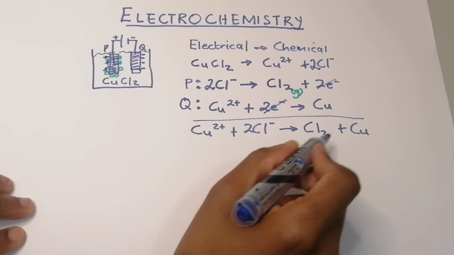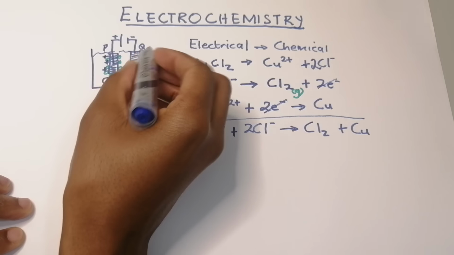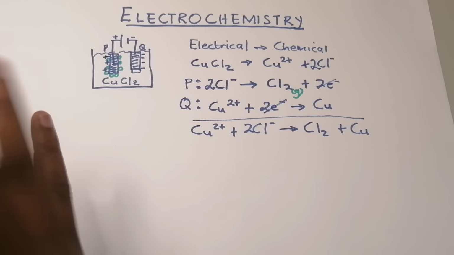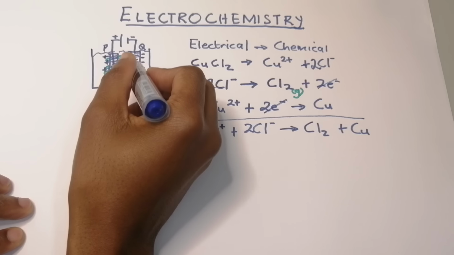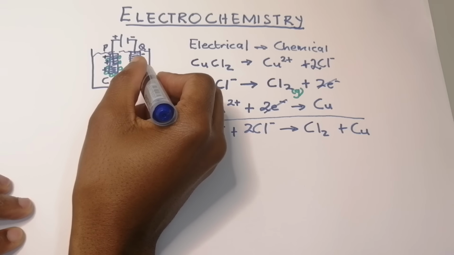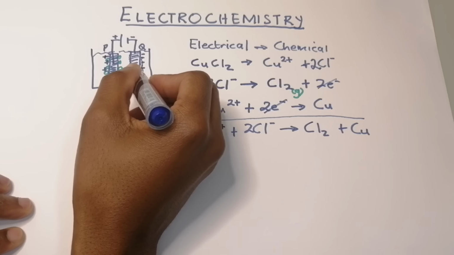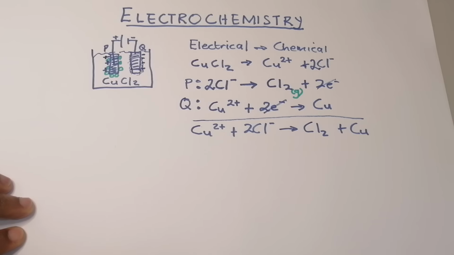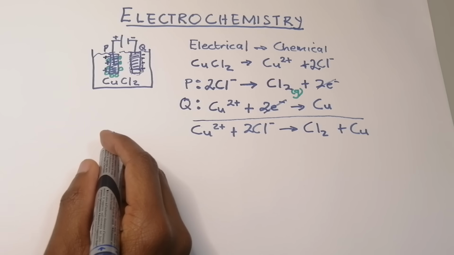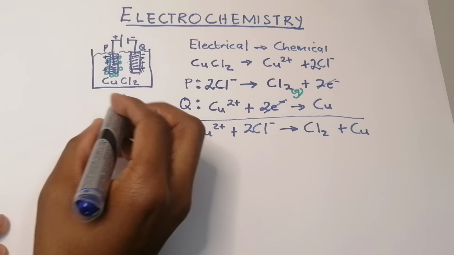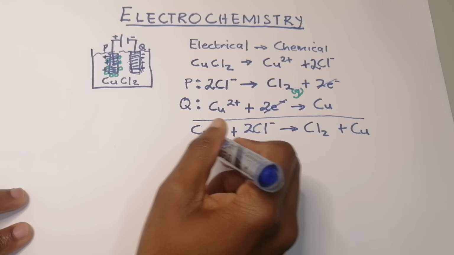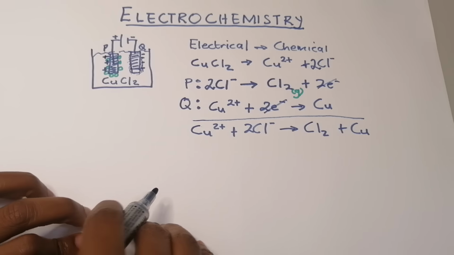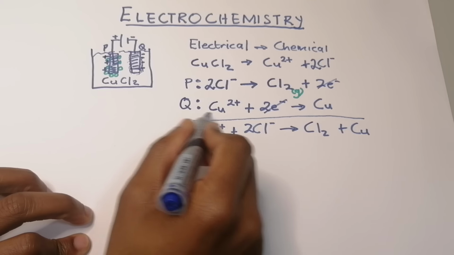Of course, as you form copper, remember copper is this bronzish brown metal. So over here, you'd see a buildup of a brown metal forming on electrode Q. But another one, which is not quite that straightforward: you would have copper 2 plus ions.